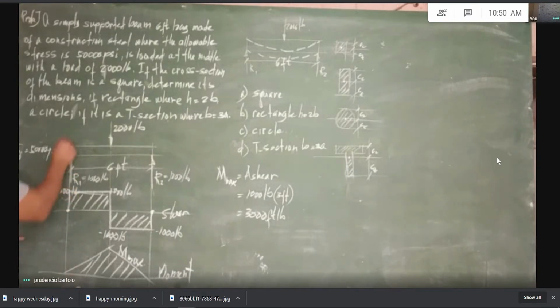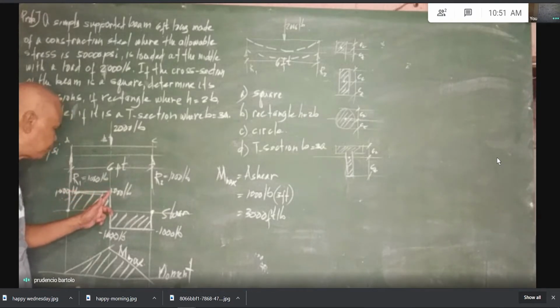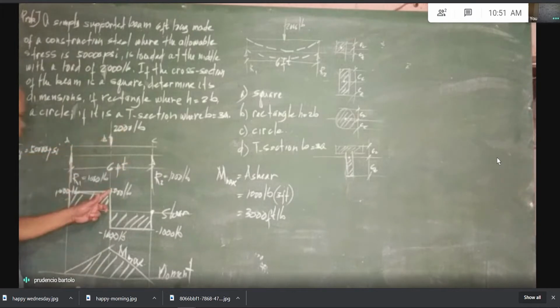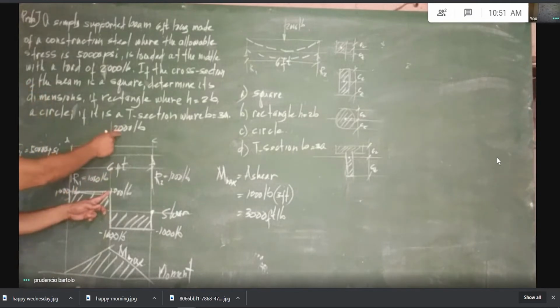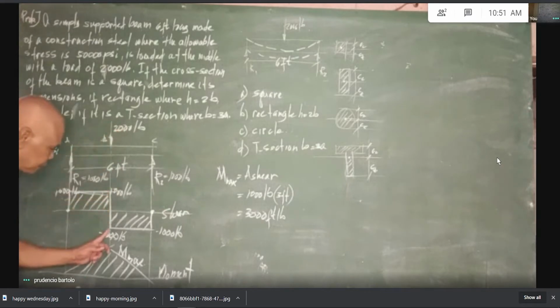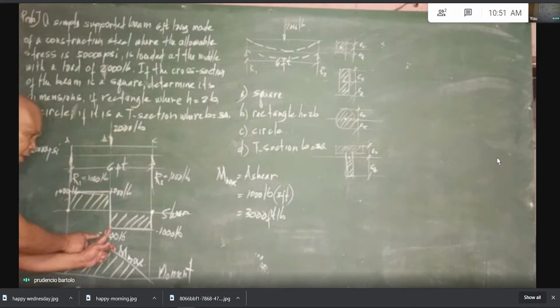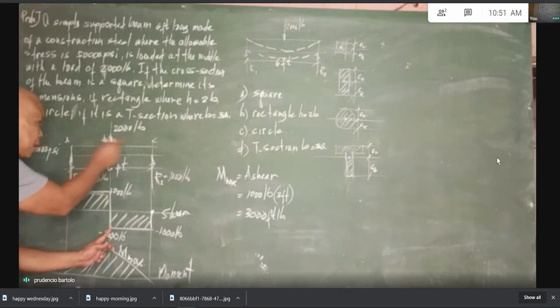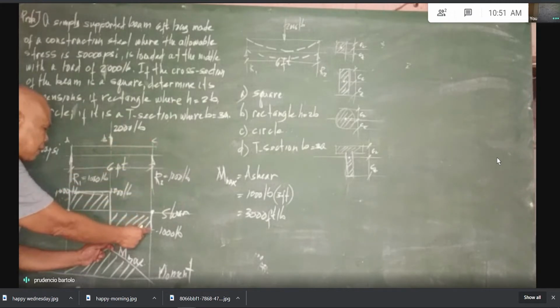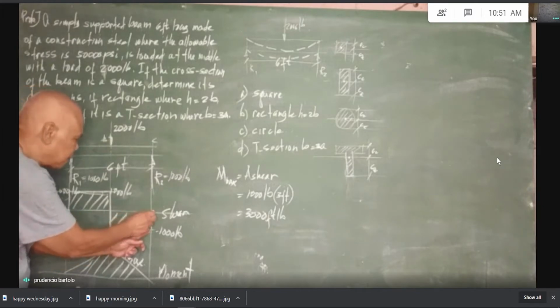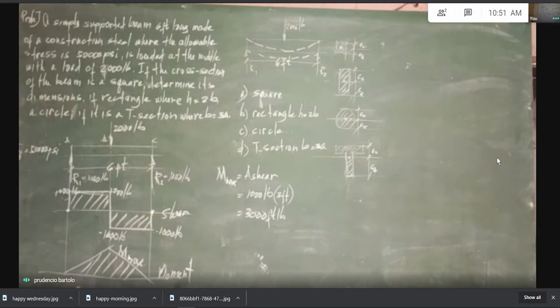And from this point A to B, there is no change on the load. So up to this point, before the action of these 2,000, it is still 1,000 pounds. Then the 2,000 pounds will act down to a negative 1,000 in here. And from B to C, there is no change on the load. And that becomes 0 at this shear in there.